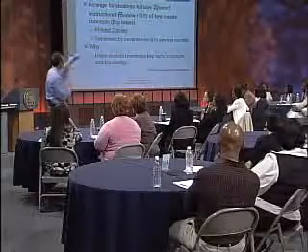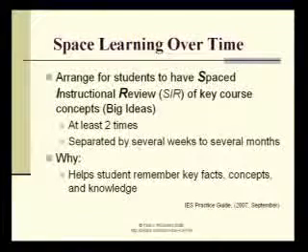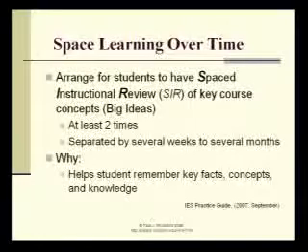Now, I've called it spaced instructional review, where in math with our struggling kids, we sometimes have to pair this review with instruction. And what the research says is that it's best if you can revisit big ideas twice after the instruction and the first learning takes place, and that's separated by at least 4 to 6 weeks. All right?